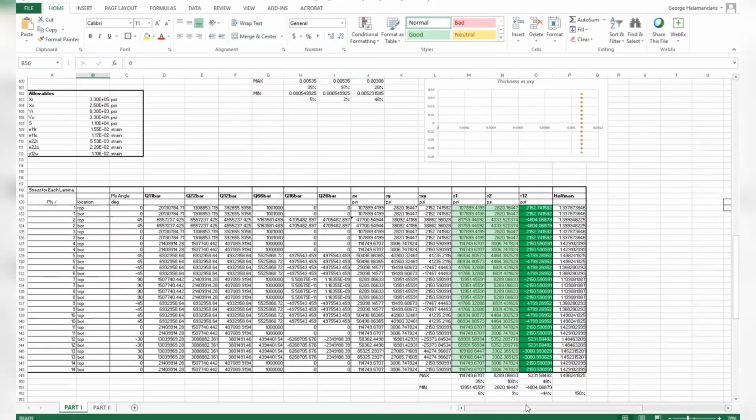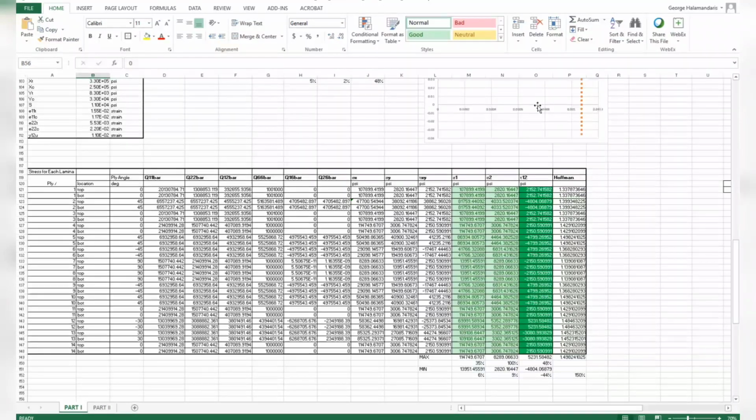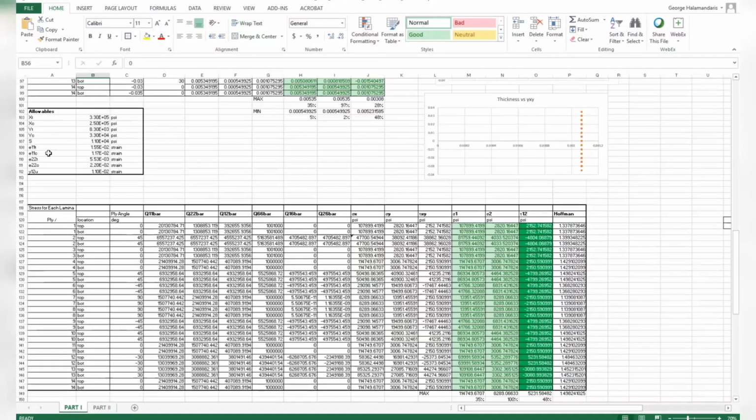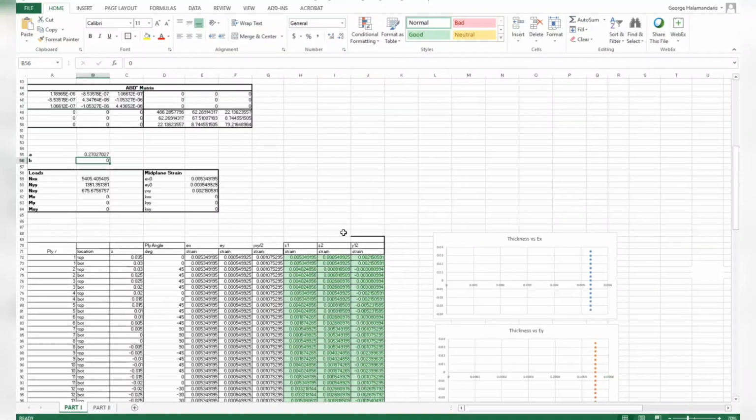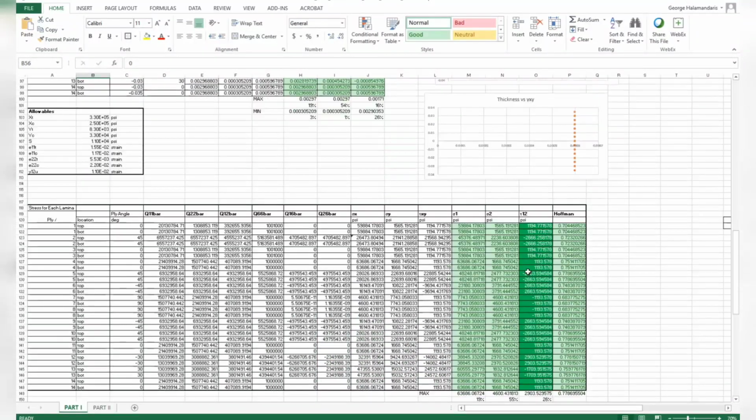And then you see passing, and again you're riding right against your sigma 2 allowable, so your transverse direction allowable. And then for Hoffman, which is still the interactive criteria, it still shows you're failing by about 50%. So you can again play with these inputs a little bit.